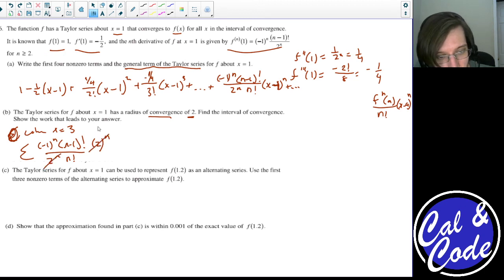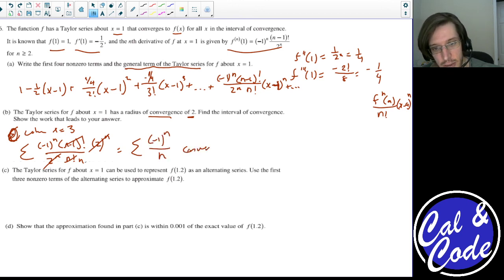Those 2 to the n's go away, they'll simplify out. This reduces into just n, so what I end up with is the series of negative 1 to the n over n. This converges. It's the alternating harmonic.